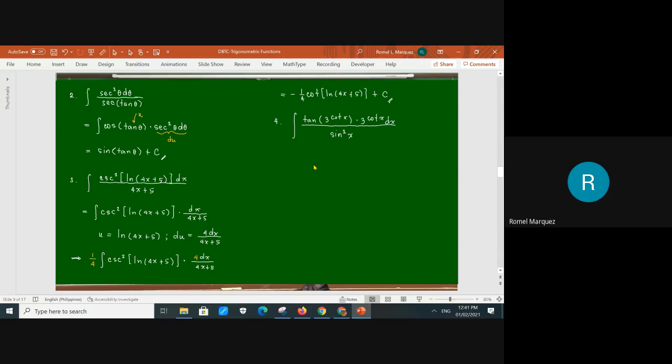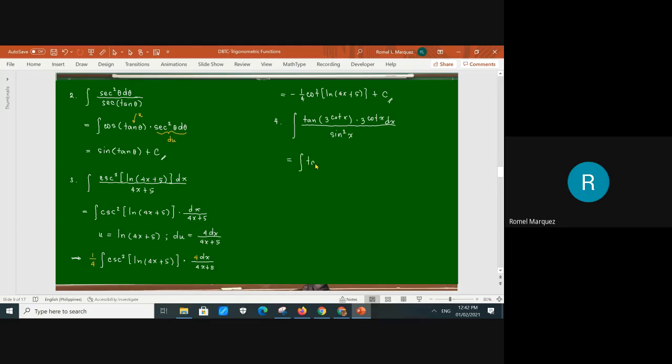Okay? What do you think our main function is here? Now, if we have 3 to the cotangent x, it is related to 3 to the cotangent x, no? Because when you get the derivative of this, it has this part, okay? So, it means our main function is tangent, no?